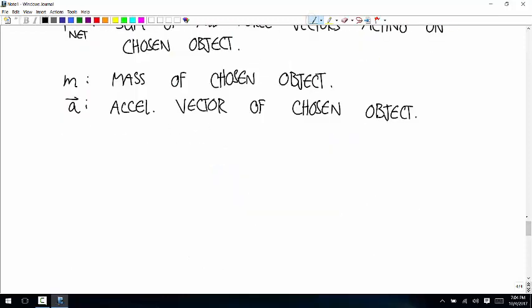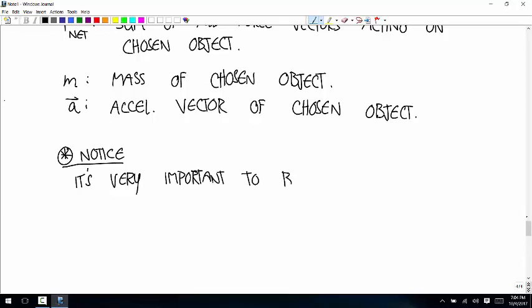A big take-home message here is that it's very important to be clear about what your chosen object is.